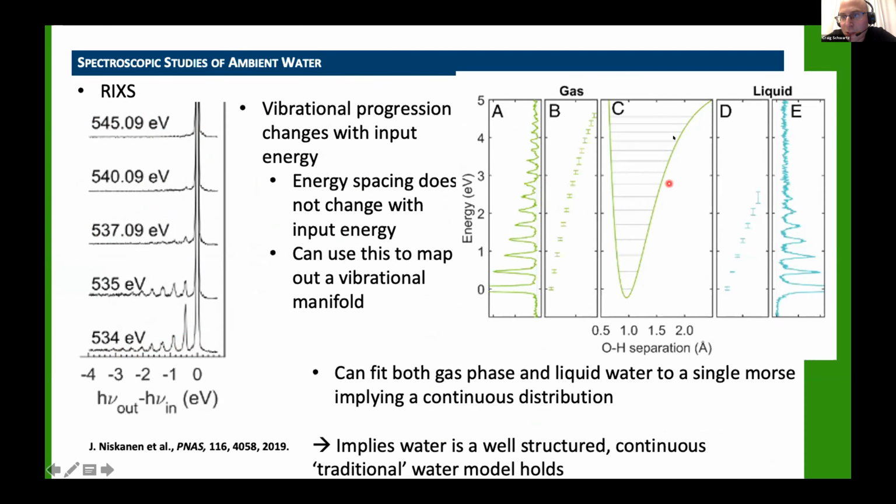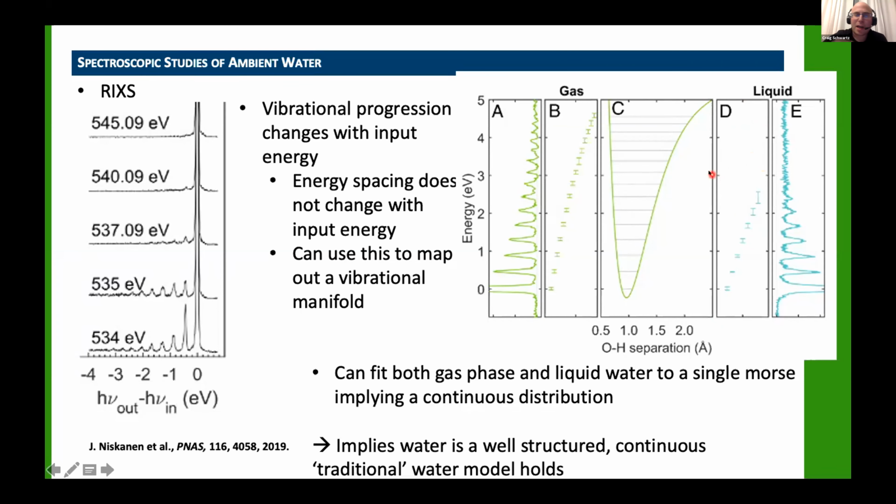And you can actually use this to make sort of a Morse potential. So you can plot all the energy levels, and they do this for gas phase water over here in B, and they do the same thing for liquid water in D. In both cases, you can actually line them up on the same potential. The only difference is that liquid water is quenched, which is expected.